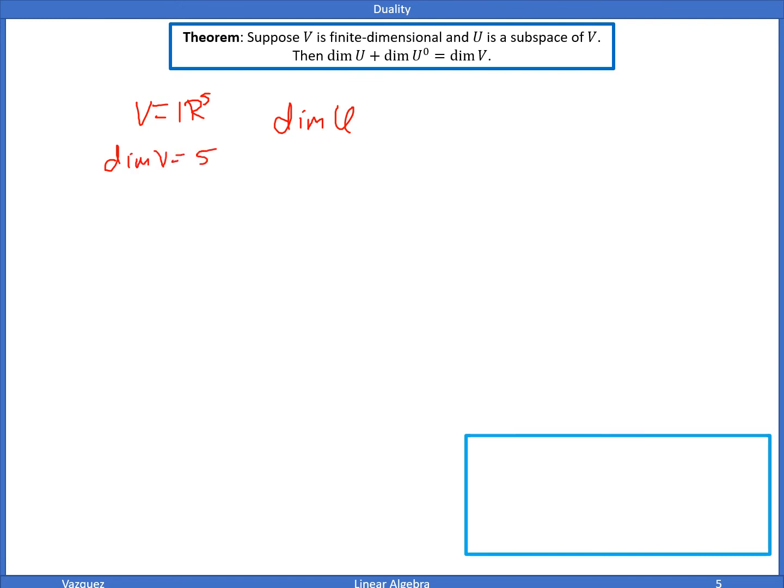The dimension of U, we took two vectors, right? So it was dimension 2, and then the dimension of the annihilator was dimension 3, because remember in the span, we had this span equal the annihilator of U. So that's why it's dimension 3.